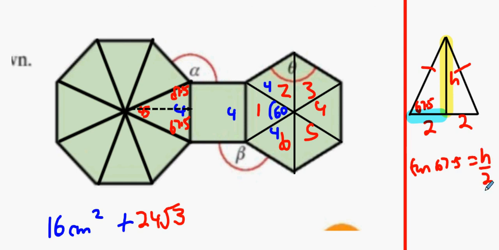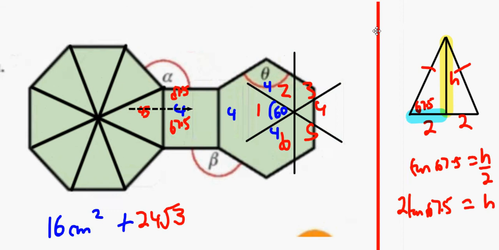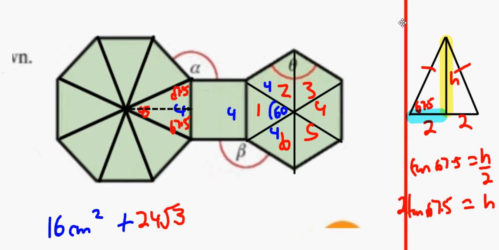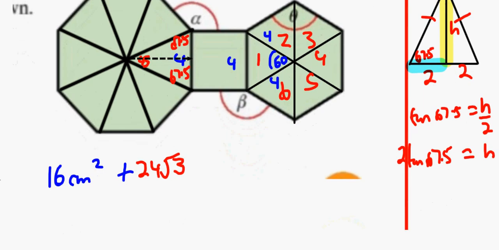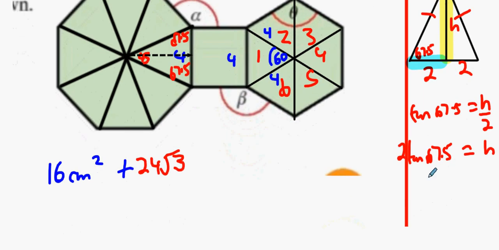Would somebody be so kind as to give me 2 tan 67.5? 2 tan 67.5? 4.828. Yeah.